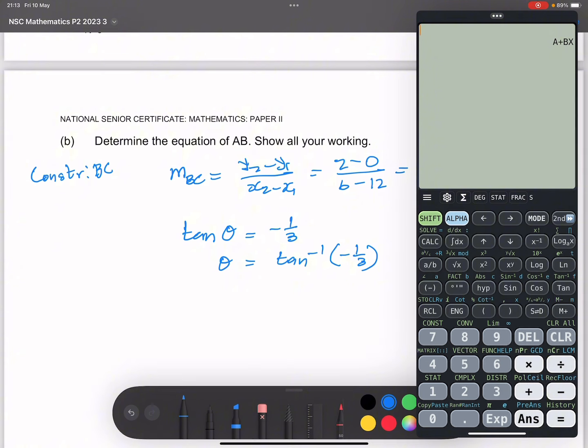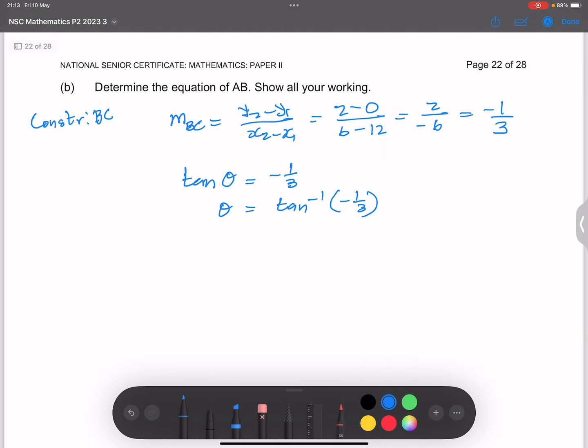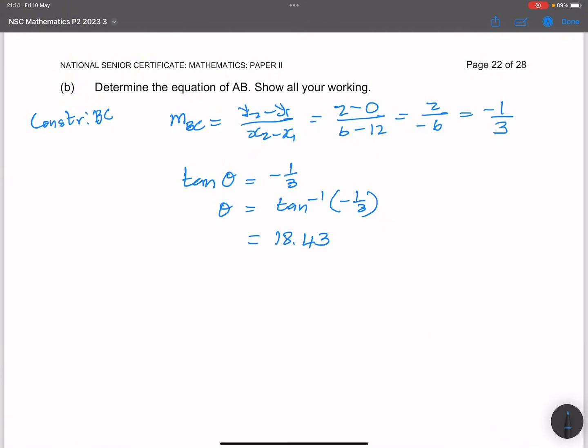So that's arctan of negative 1 over 3. All right, so we get negative 18.43. Now remember, the reason why we're getting a negative is because the gradient is negative there.